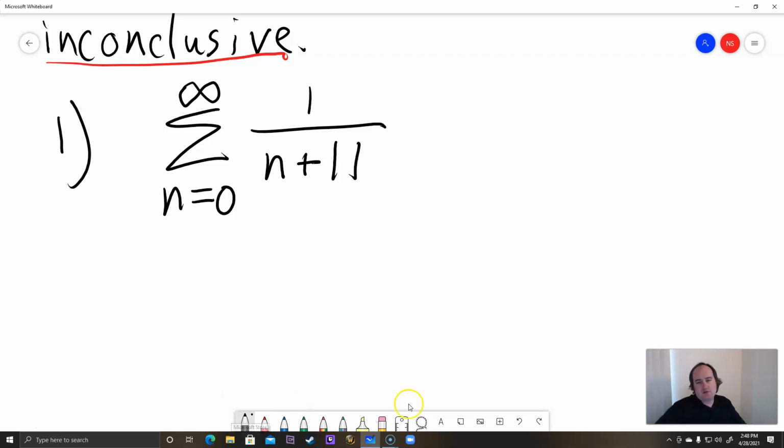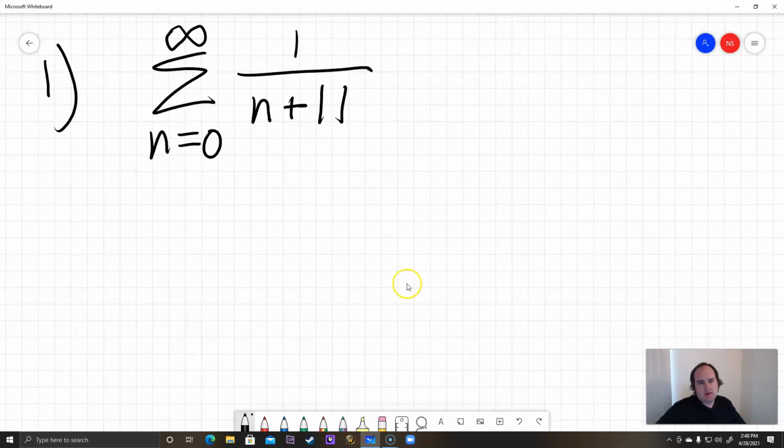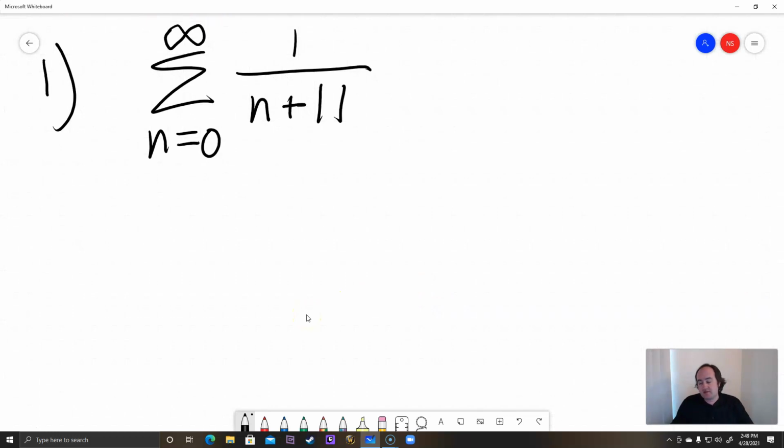The nth term test for divergence basically just means you take the limit as n goes to infinity of whatever's inside of your series, and if that limit is not 0, or if the limit fails to exist, then the series diverges.